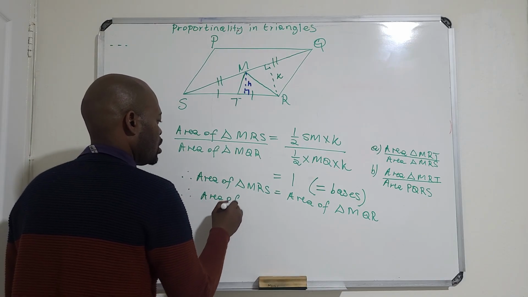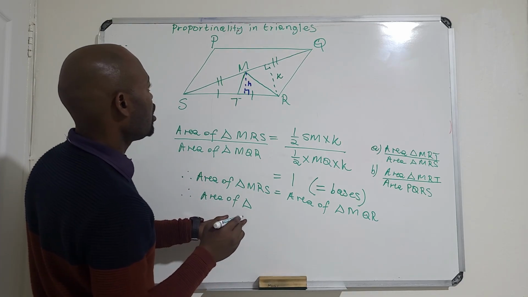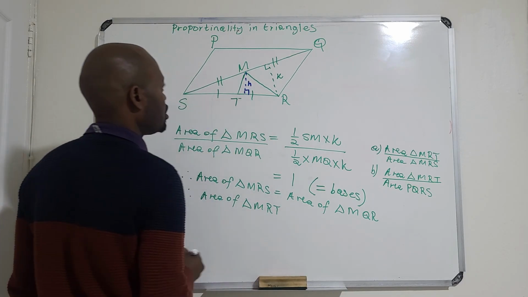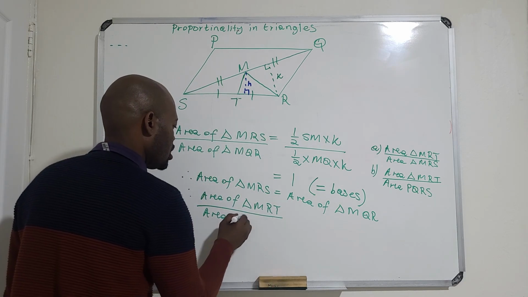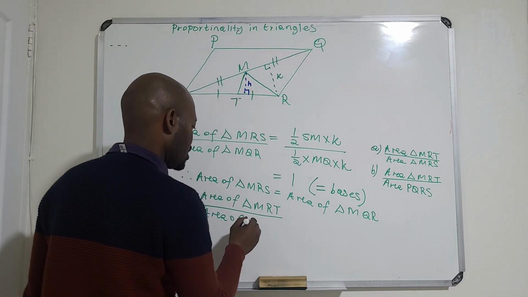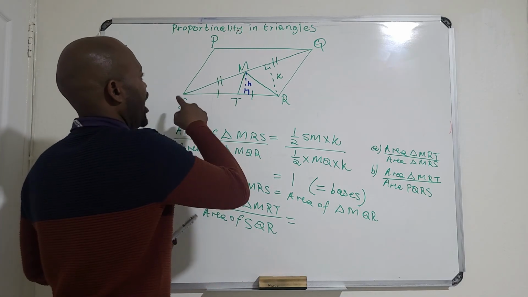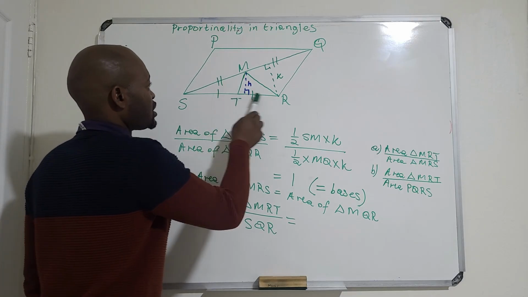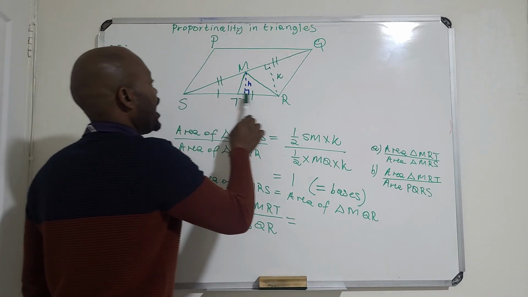Therefore, the area of triangle MRT over the area of triangle SQR is equal to the area of triangle MRT, which is this area, over the area here.